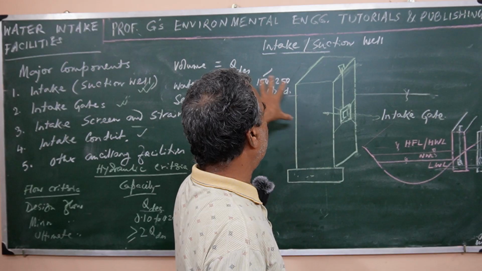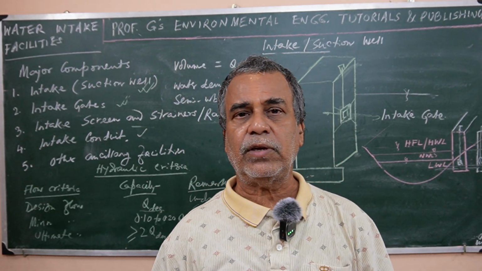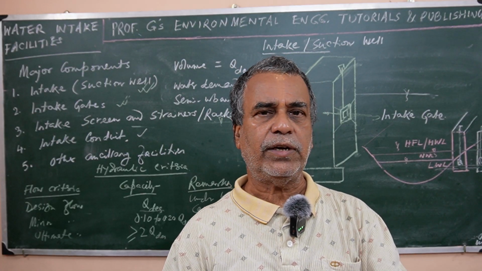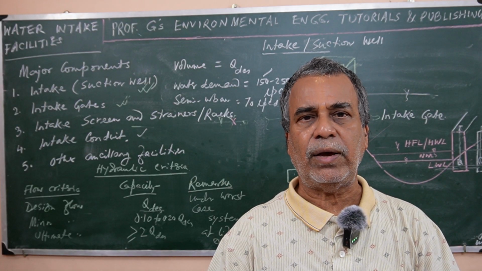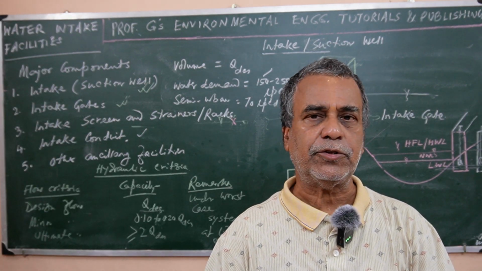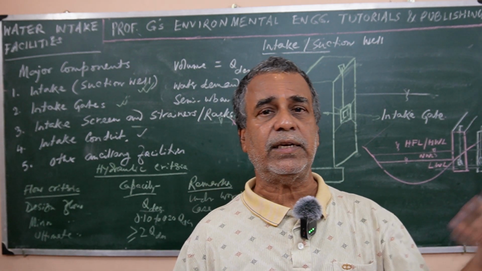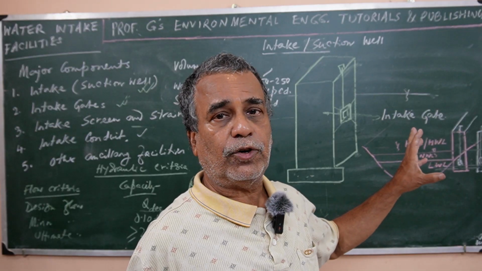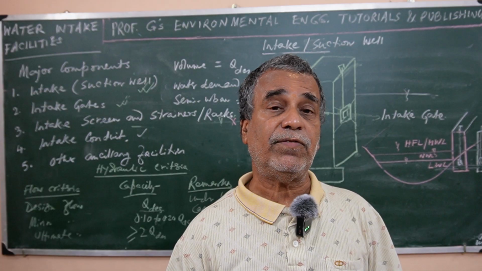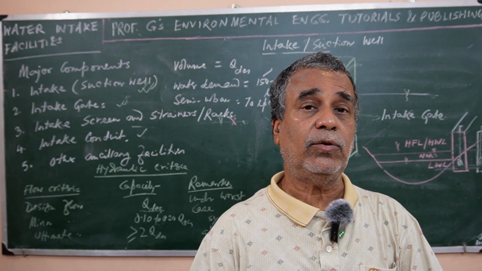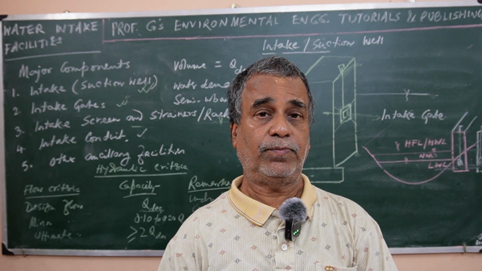Accordingly you will decide the intake, but for rural areas normally these treatment facilities are not there, mostly groundwater or cleaner water is used, but sometimes it may have to be drawn from a river. In that case the intake may be smaller in size, provided that the pumping facilities could be installed and operated, right?